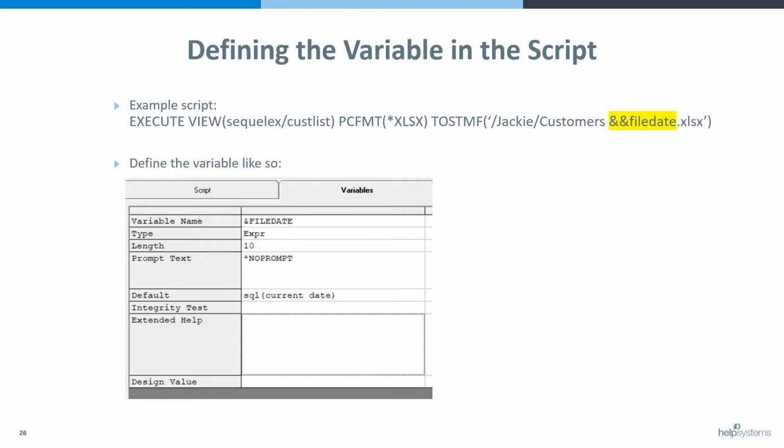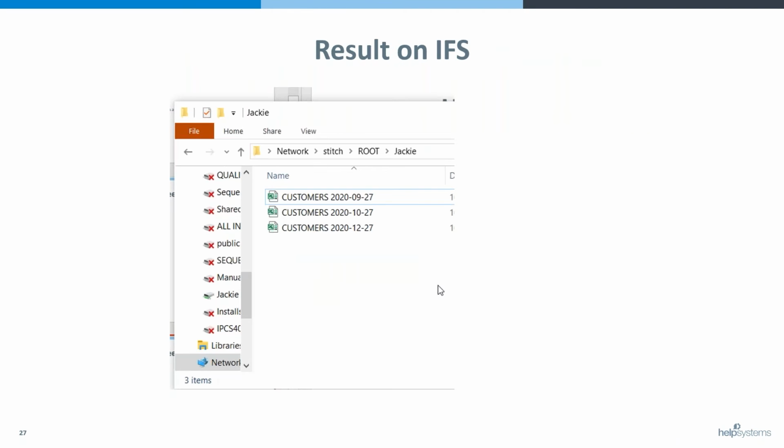So when the script runs, it's going to look at the default line to grab that date value and pass it into my file name. So if I were to look at my IFS folder as an example, I can see the different view results I have here, and they all have the different dates included as part of each file name.